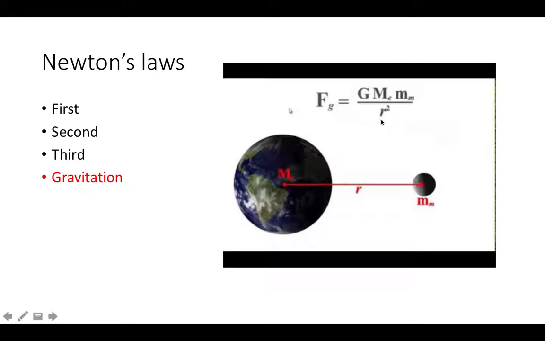So this is just a form of F equals ma, because on Earth, if this small m is you and this large M is the mass of the Earth, then this value right here, G, which is the universal gravitation constant, times the mass of the Earth, divided by the radius of the Earth's sphere squared, is 9.8 meters per second squared.